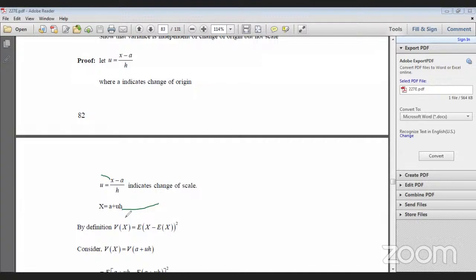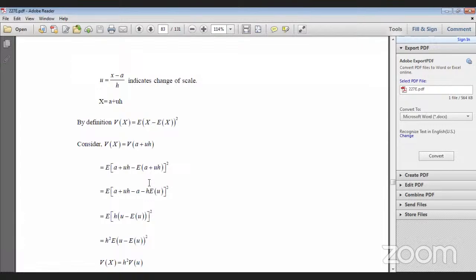By definition, V(x) = E[(x − E(x))²]. V(x) = E[(a + uh) − E(a + uh)]². Here h is a constant. So a + uh − (a + hE(u)) = h(u − E(u)). Taking h² common, E[(u − E(u))]². So h² times this is called V(u).